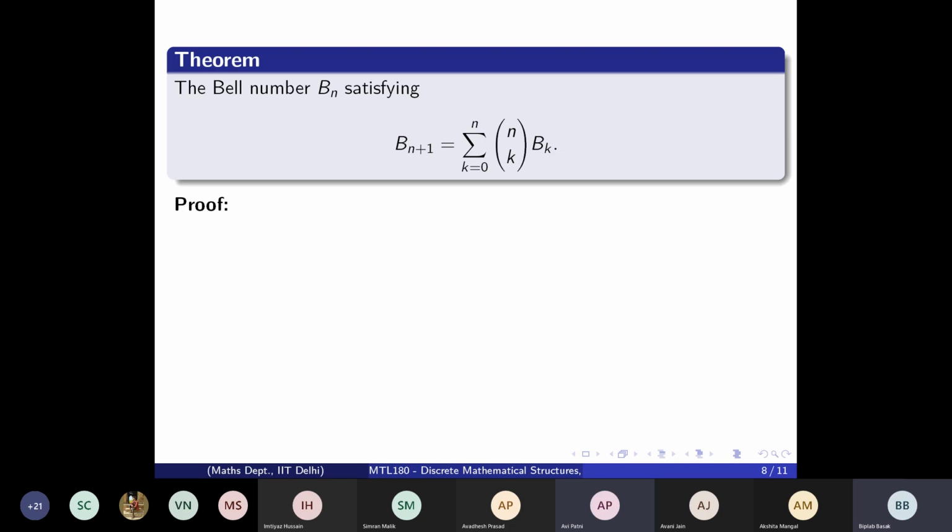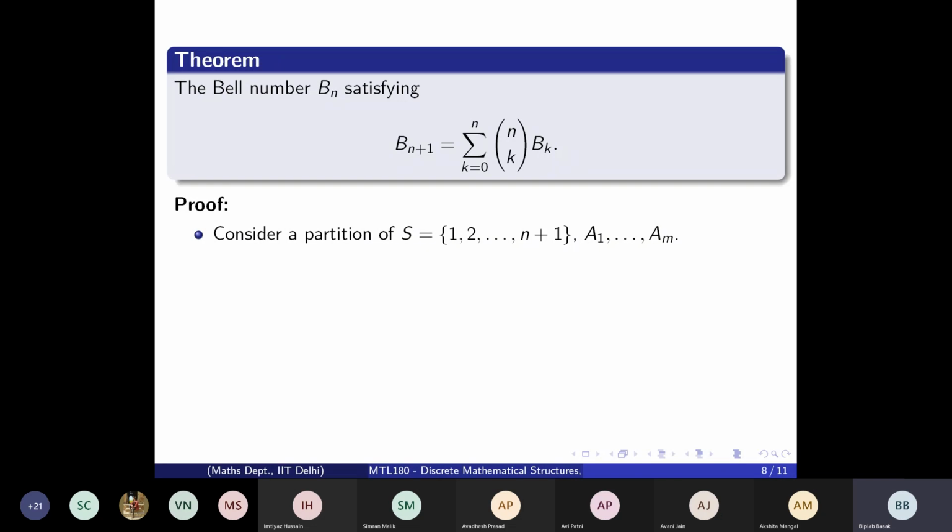Okay, good. Now we have to prove this theorem on Bell numbers. Again we will use just simple calculation and the definition of Bell number. Since we need to define B(n+1), we need a partition of a set which has n+1 elements.